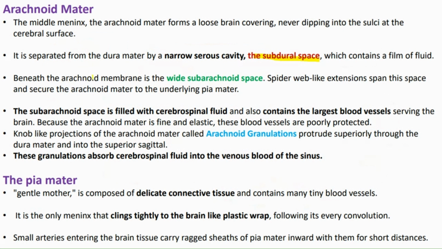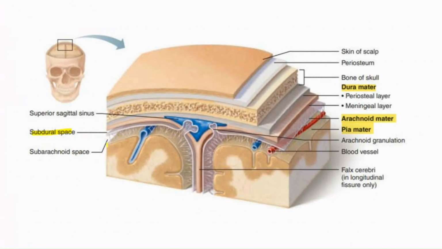Now, beneath the arachnoid mater is the wide subarachnoid space. It has spider web-like extensions that span this space and secure the arachnoid mater to the underlying pia mater. What does that mean? Again, this is our arachnoid mater.